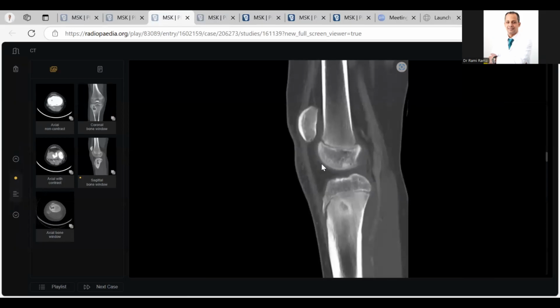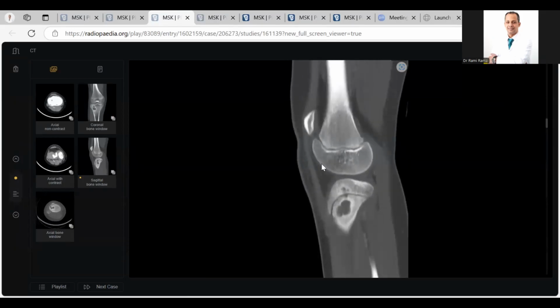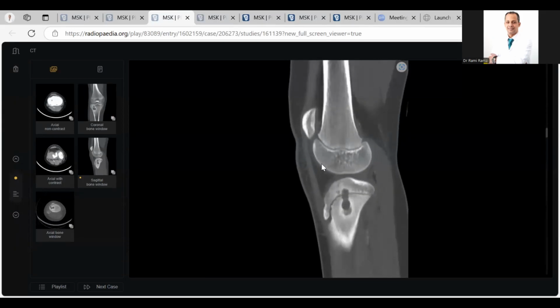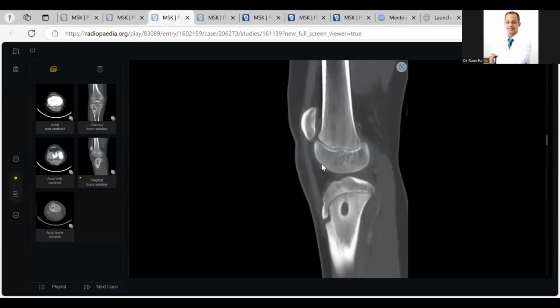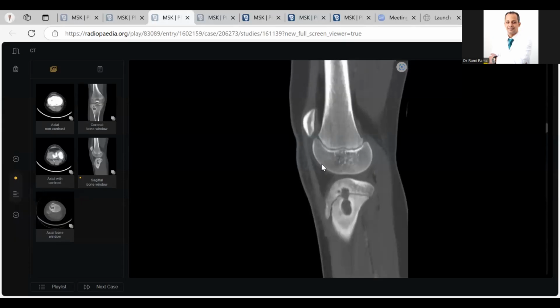In the previous case, you started very well here, but then you told me the only aggressive lesion that has a sclerotic margin is the Brodie abscess, and the only lesion that crosses the epiphyseal cartilage is the Brodie abscess. Only.